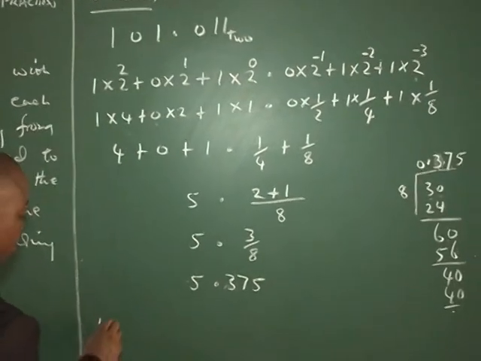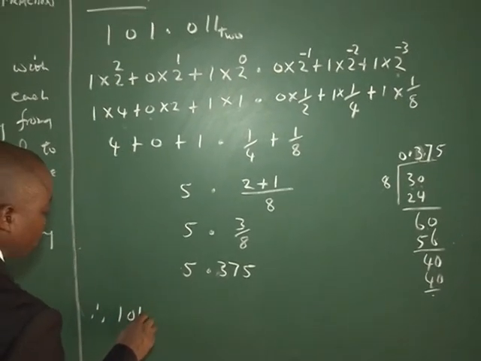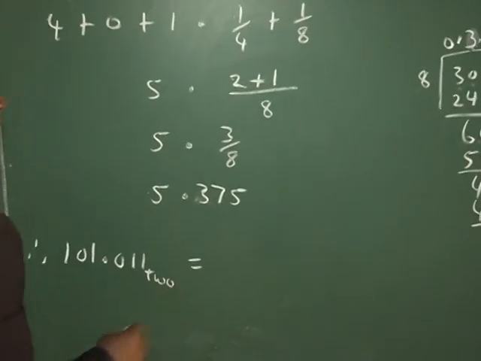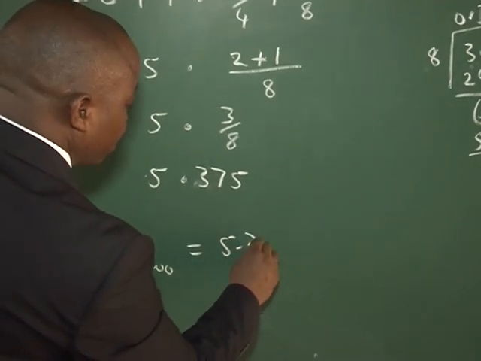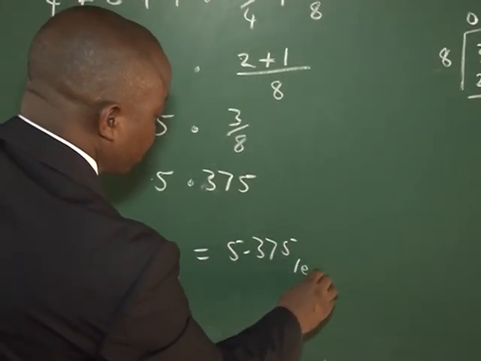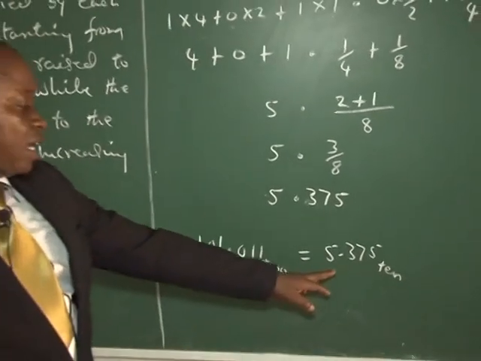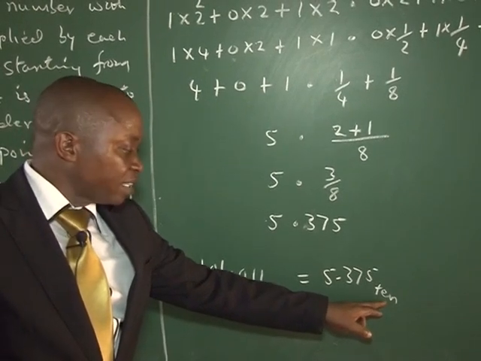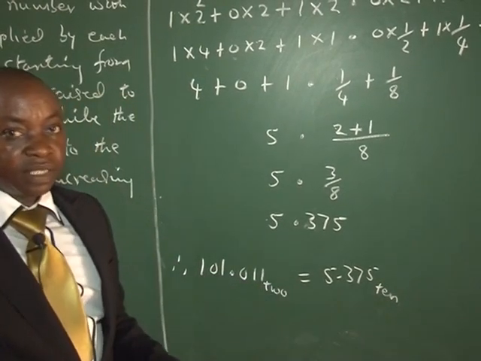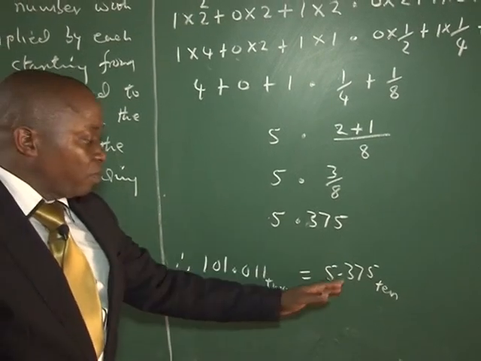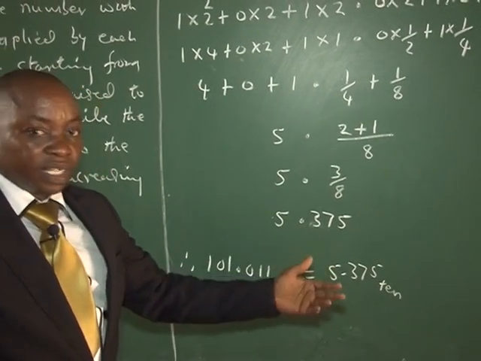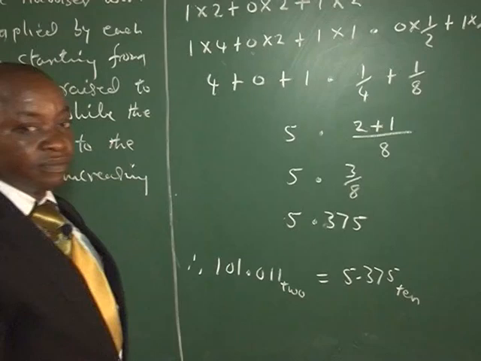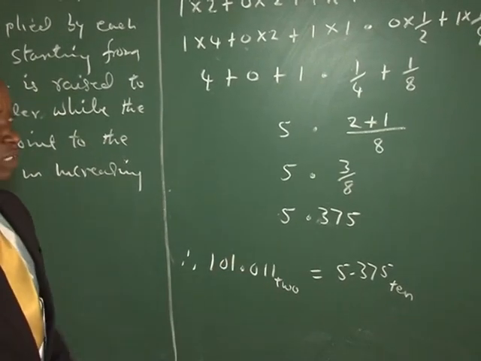Therefore, you can write it this way, that 101.011 in base 2 is equal to 5.375 in base 10. Notice that if I don't write the base 10, it is still known to be base 10. In number bases, if the base is not written, it is known that it is in base 10. So when we are converting to base 10, if I like, I can put the base 10. If I don't, it is still known that it is in base 10. Okay, so that is how it is done. It's very simple.